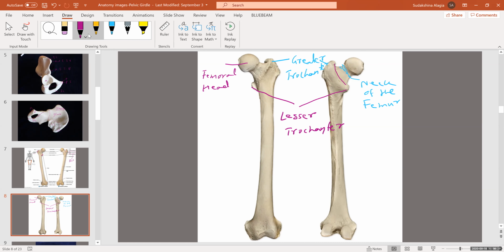Now, do you see the crest? Do you see a raised surface connecting the two trochanters? If you do, this is the posterior aspect. So yes, we do see that here, but we use a different color. Actually, white and yellow don't go well.